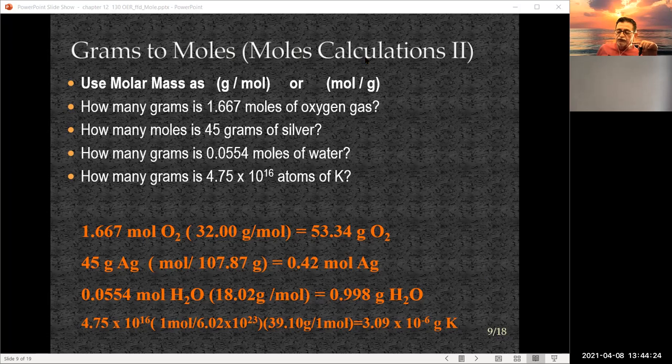And then this large number here, potassium, 4.75 times 10 to the 16. That is a lot of atoms. Think about it. Move that decimal point over 16 times from the right of the 4. And yet, that large amount of atoms, once you go through the calculation, weighs 3.09 times 10 to the negative 6 grams.